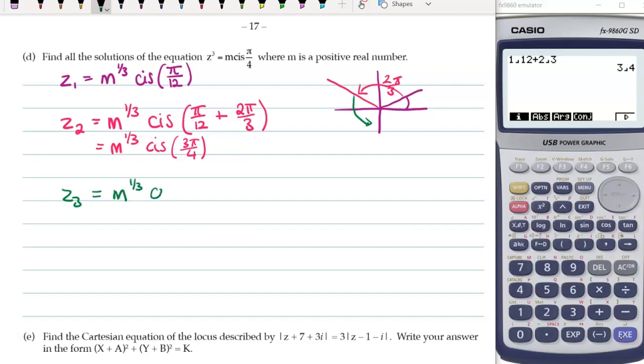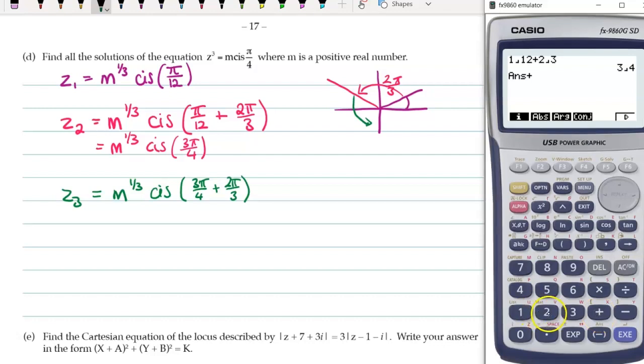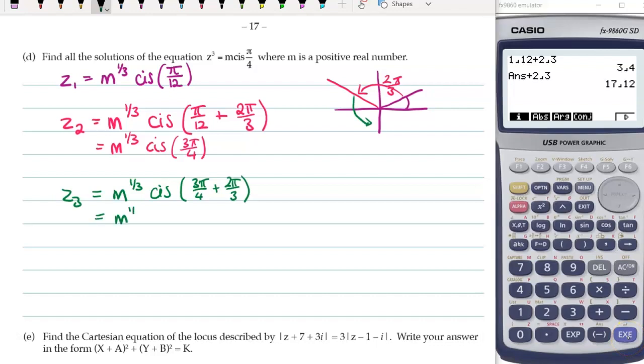So m to the third again, cis of 3 pi by 4 plus another 2 pi by 3. So 3/4 plus 2/3 makes 17/12. So m to the 1/3 cis of 17 pi by 12.